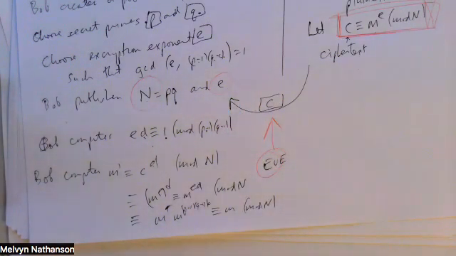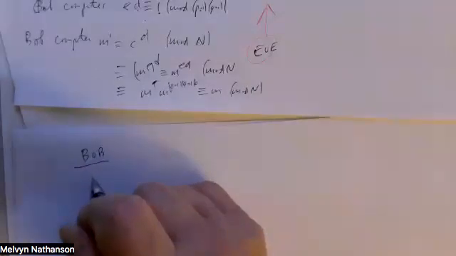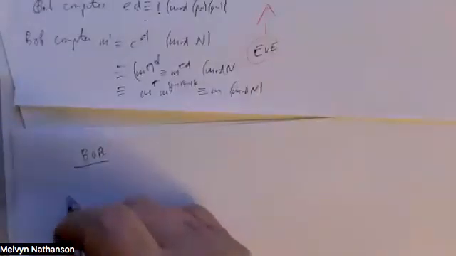Right? So let me do an example with numbers so we can see what is going on here. Let me try and find an example in the text. So we start with Bob. The first thing Bob does is choose 2 primes.